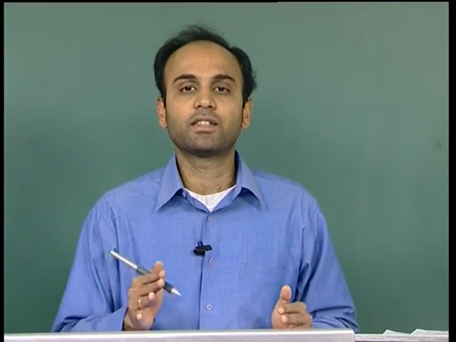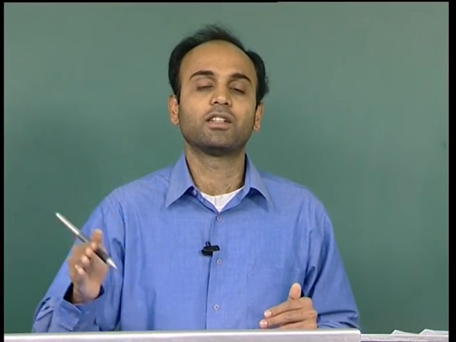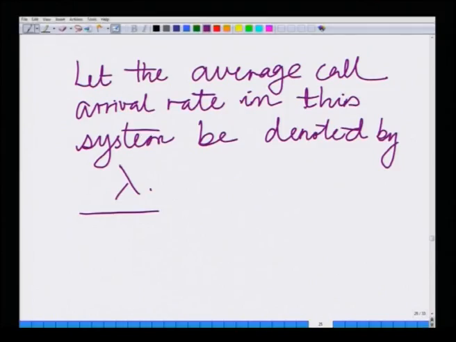What we are saying is the calls are arriving in this system at a rate of lambda at the base station. That is, essentially the users are placing calls, and if you look at it from the base station, roughly lambda calls are arriving per unit time. This is known as the Poisson parameter, or in this system specifically the call arrival rate.